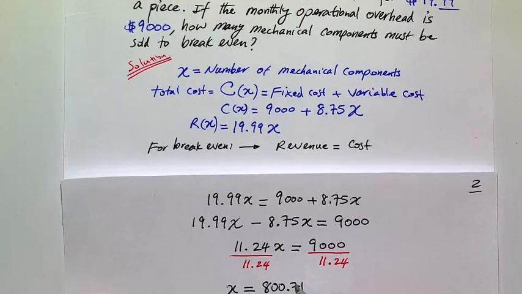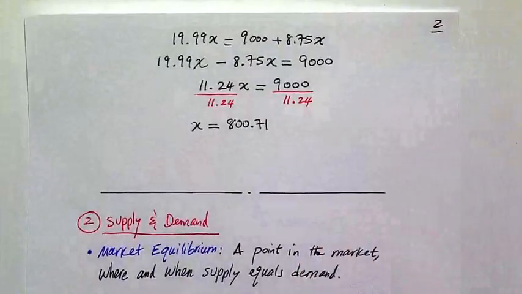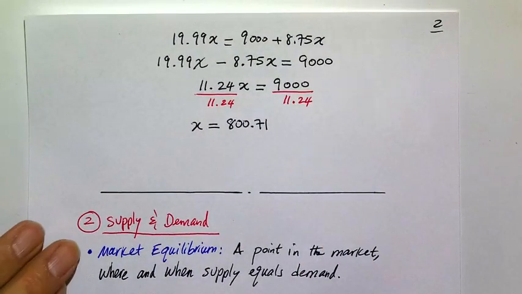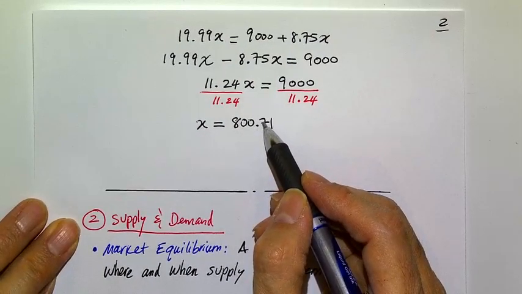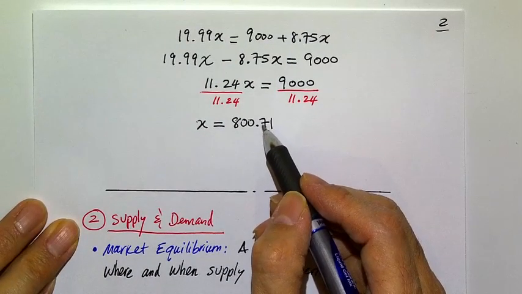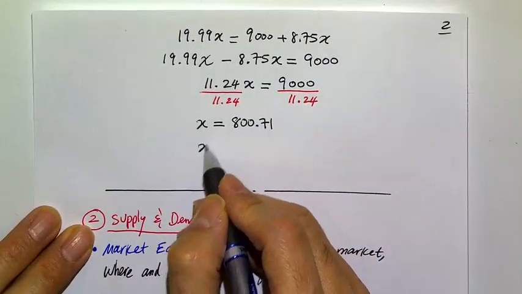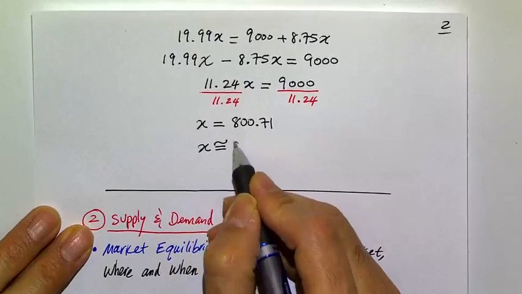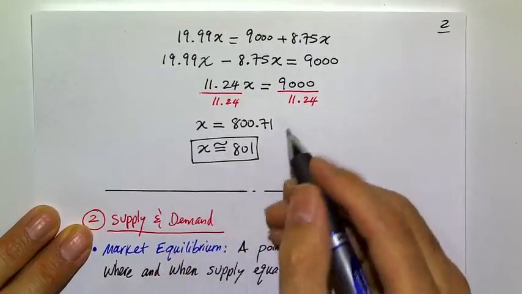Because this number is oops, I'm almost off the screen there, sorry. So let me scroll this up. So because this number is 7, which is larger than or equal to 5, we can round this 0 up to 1. So x is nearly 801 components.